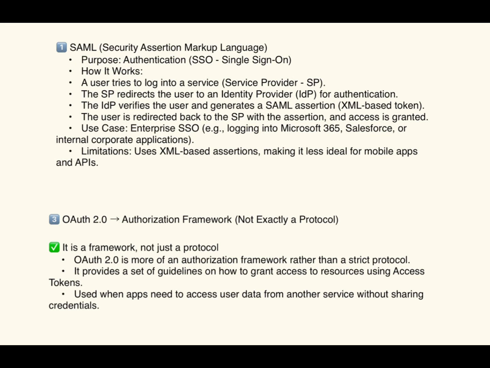So the service provider knows about it. And if authentication is successful, for instance the user is a legitimate user, then the IDP sends the SAML assertion back to the service provider. Thus, access can be granted to the user. So why have I mentioned the OAuth 2.0 authorization framework?